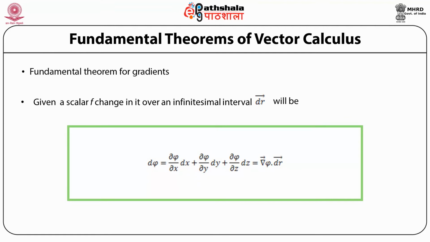So given a scalar phi, the change in it over an infinitesimal interval dr will be d phi equal to del phi by del x into dx plus del phi by del y into dy plus del phi by del z into dz, equal to del phi dot dr.